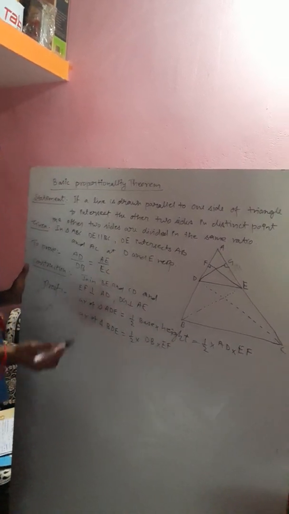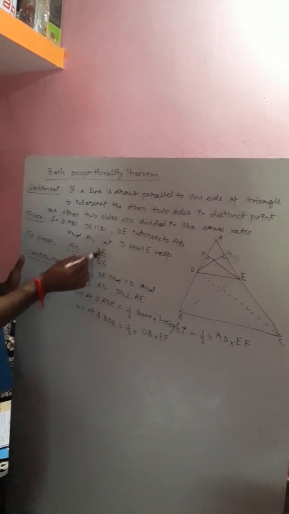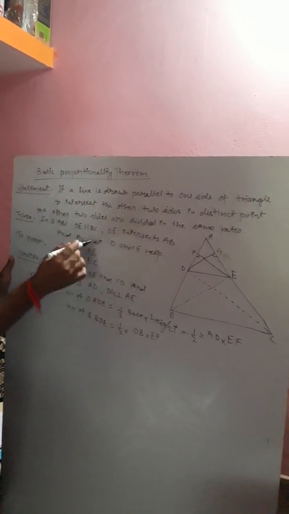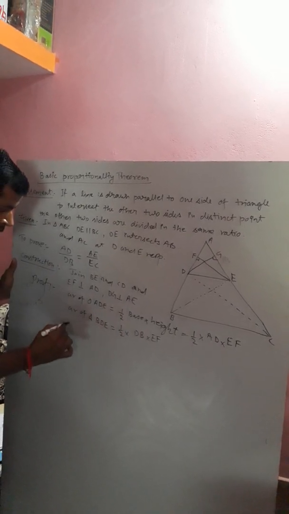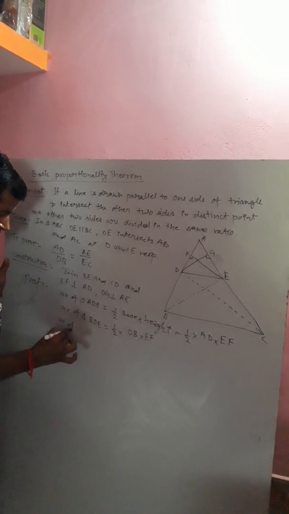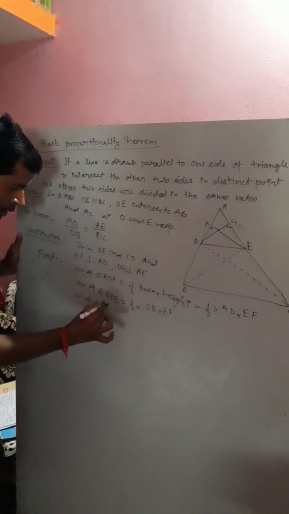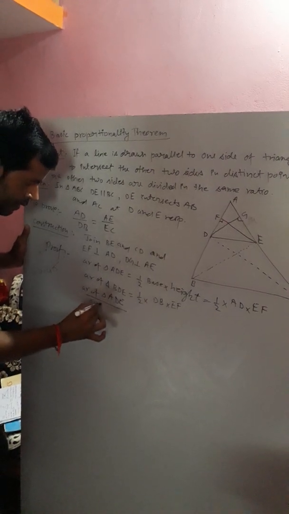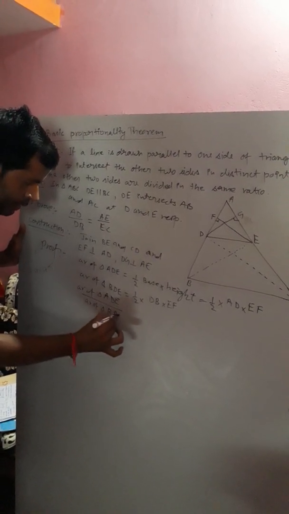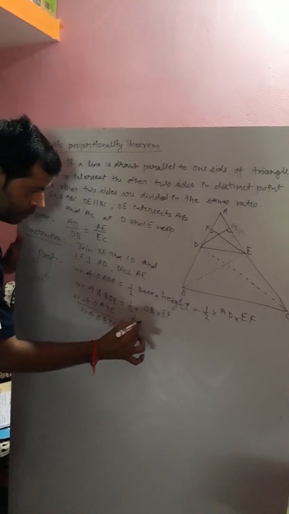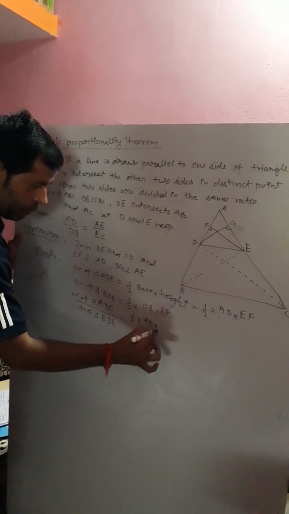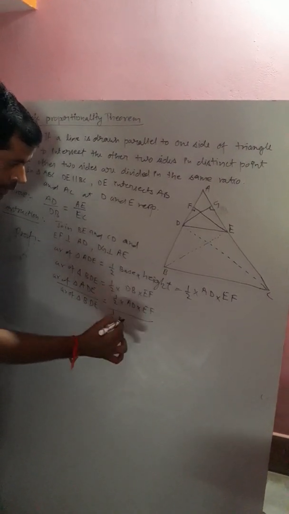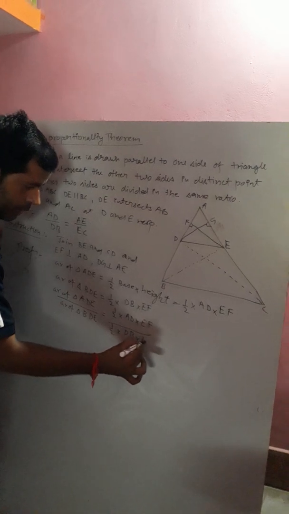Now we require the ratio of these two triangles, because we have to prove AD upon DB and AE upon EC. So the ratio of area of triangle ADE upon area of triangle BDE is 1/2 AD into EF upon 1/2 DB into EF.